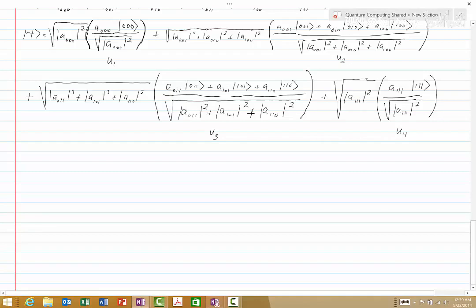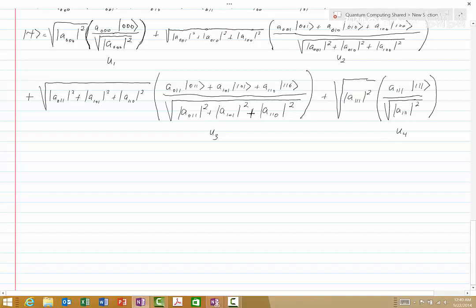And notice that in each case we've done just as we did before. We look at each part separately. Let's look at the S1 part here. Remember the basis was 001, 010, and 100.